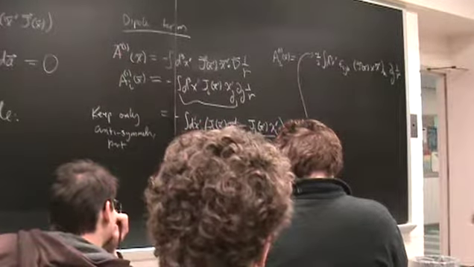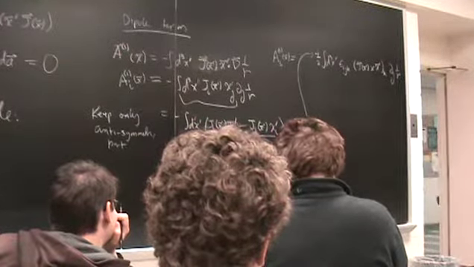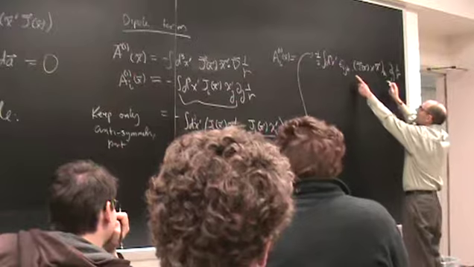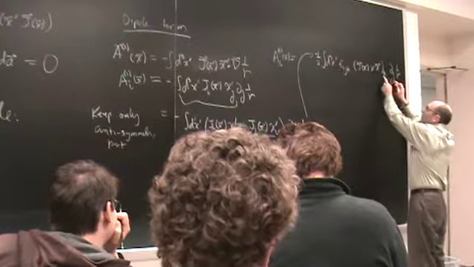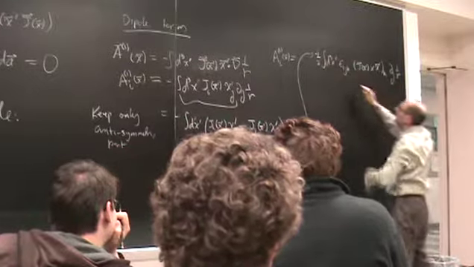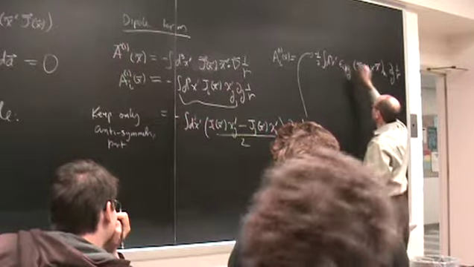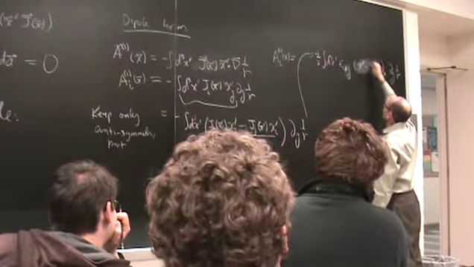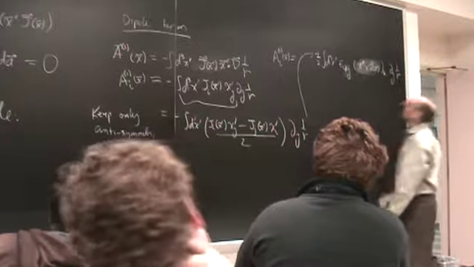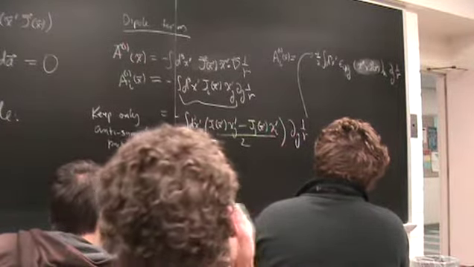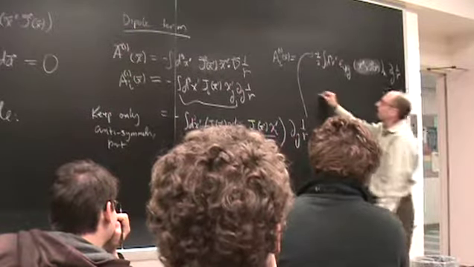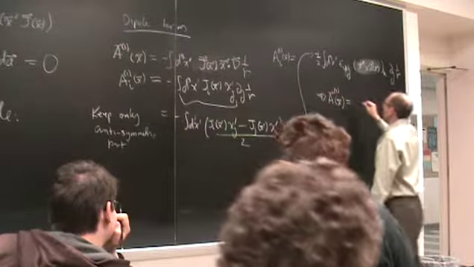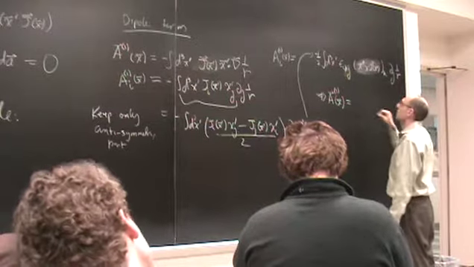So, final trick here, well, not trick, but we notice that we have epsilon ijk of this vector and that vector, but in the opposite order. So if I switch the k and the j, and I really hate it when I do that, but that's what's going to happen, I can switch this order because I put a minus sign there. And so we come up with the final expression for the magnetic dipole contribution to the vector potential.